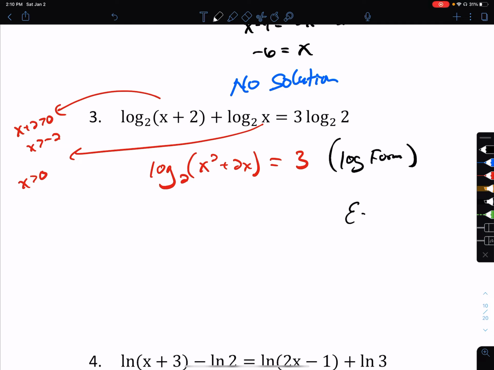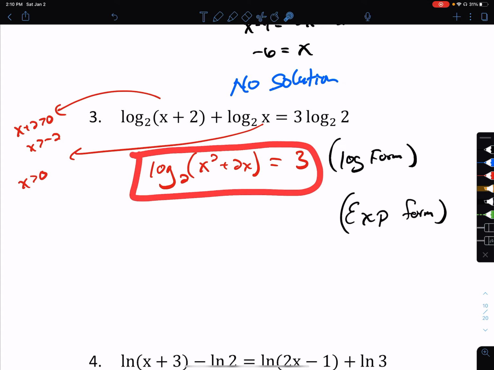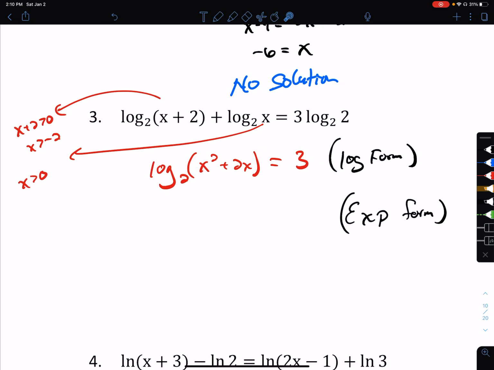We can change this to exponential form. Nothing else that I would know what to do here. If I change it to exponential form, it would be 2 to the exponent equals the argument.